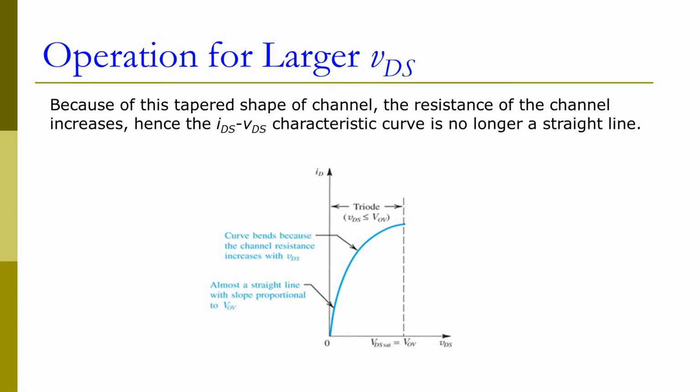Because of this tapered shape of the channel, the resistance of the channel will increase. So the IV characteristic curve will no longer be a straight line as we saw before, right? It becomes curved because the resistance is increasing due to the narrowing of the channel.